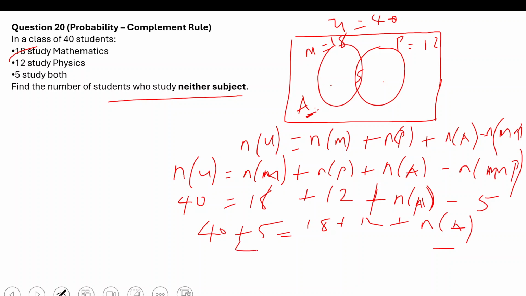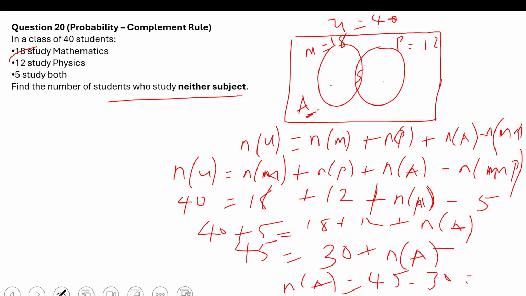So this is 45. It equals this and this. 18 plus 12 will give us 30. Then plus neither. So the number that study neither is equal to 45 minus 30, which will give us 15.